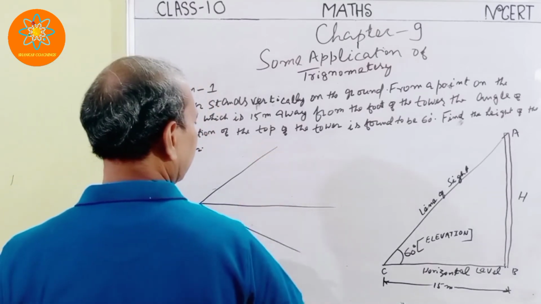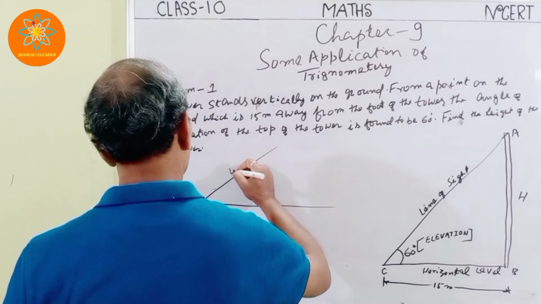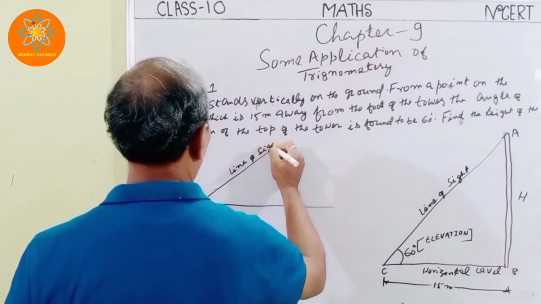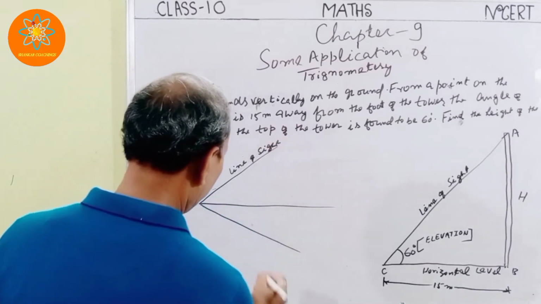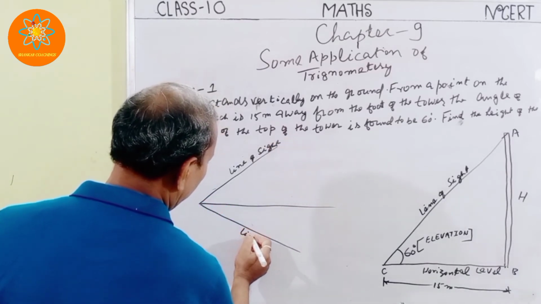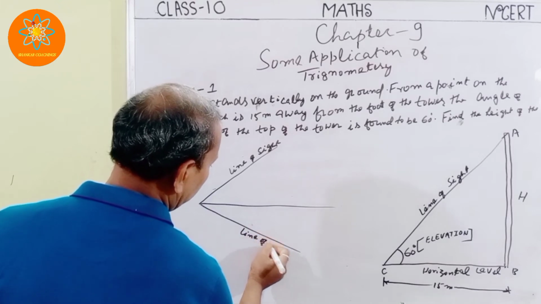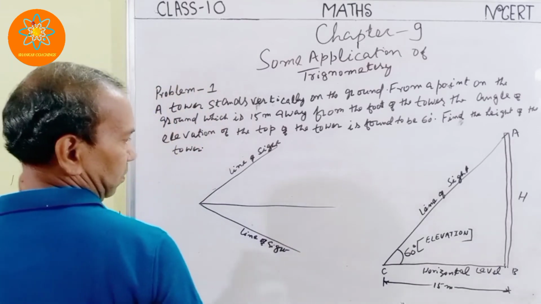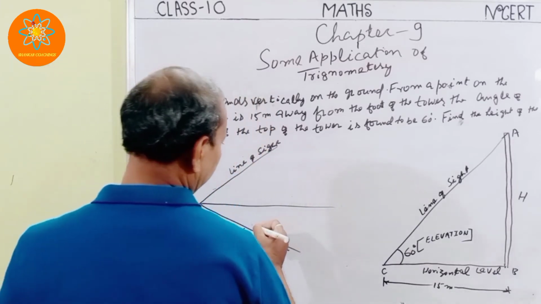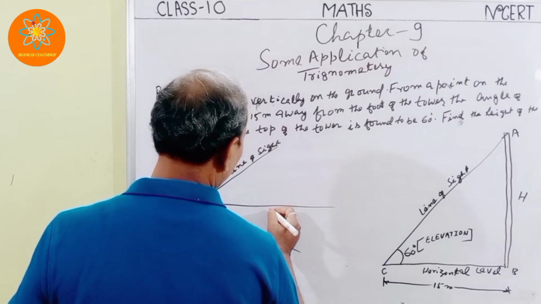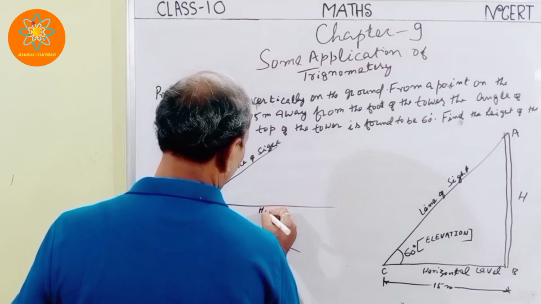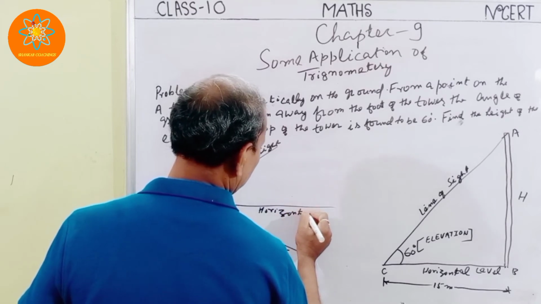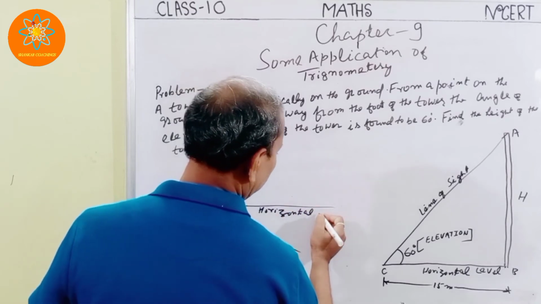This is the line of sight. This also is your line of sight. And this one is the horizontal level.